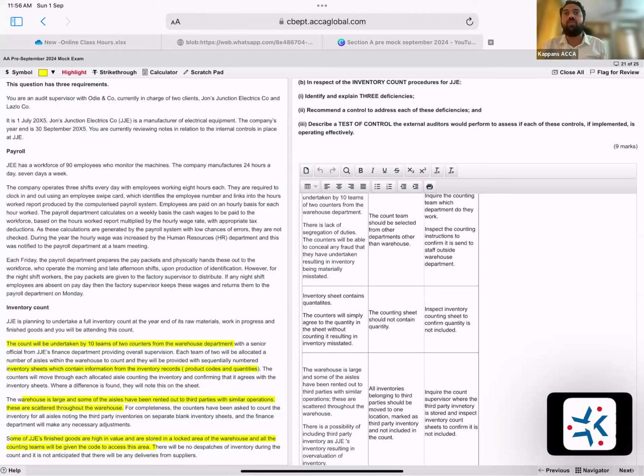And in test of control, where you are writing inquire of management or discuss with management, make sure you are writing what you are inquiring or what you are discussing with the management. For example, in the last one, we have written inquire of the count supervisor. What were you inquiring? Where the third party inventory is stored. So moving on to the next question.